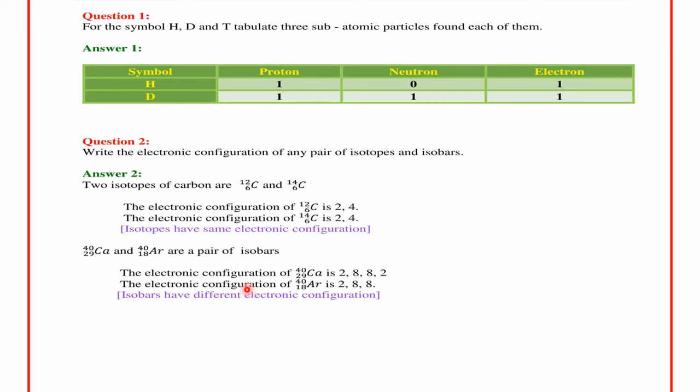So it is 2, 8, 8, 1 for the first, and 2, 8, 8, 2 for calcium, because 18 is 2, 8, 8. So the electronic configuration is written if you know the number of electrons, or the atomic number.